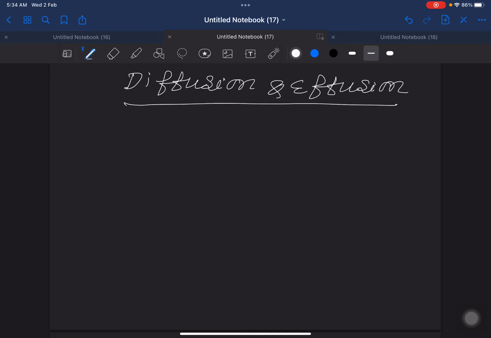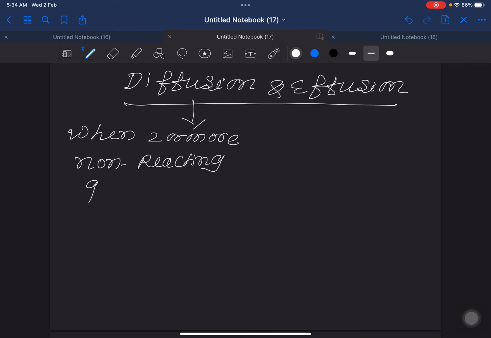Diffusion: when two or more non-reacting gases are kept side by side, they have the tendency to mix with one another and form a homogeneous mixture.